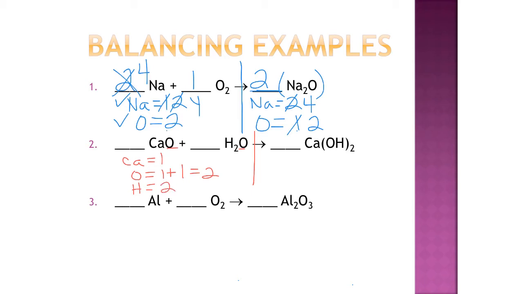And H is 2. Okay, other side of the arrow. I'm going to count them up in the same order. I have 1 calcium. This 2 would distribute to everything inside of the parentheses. So that would give me 2 O's and 2 H's. So this one's actually all already balanced. So I either can leave them blank or put in ones.